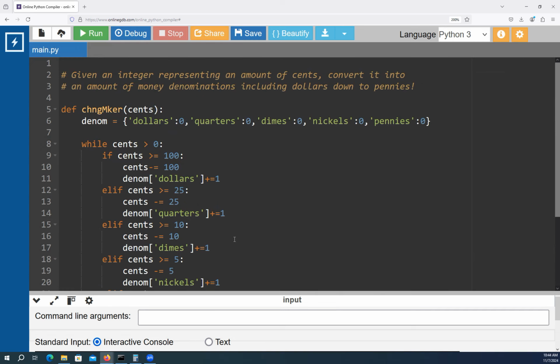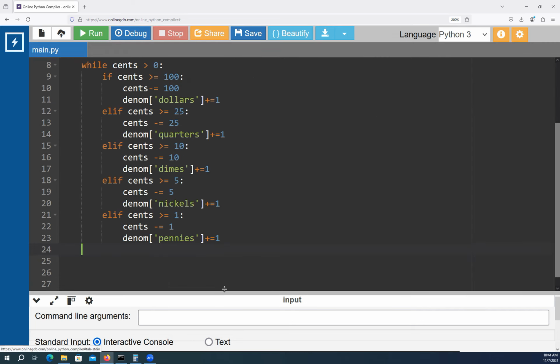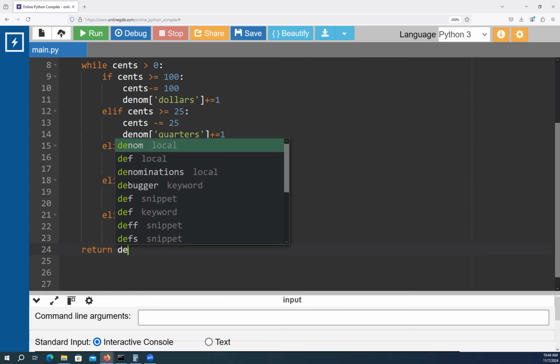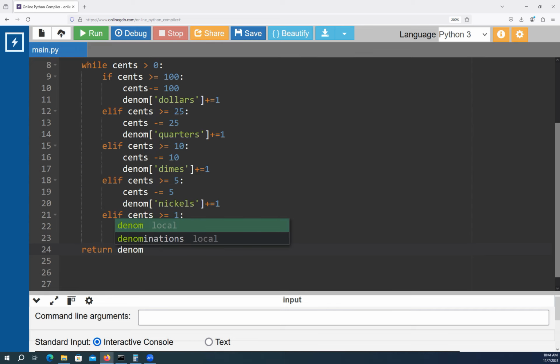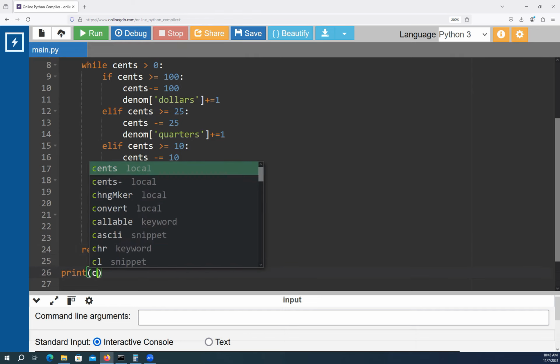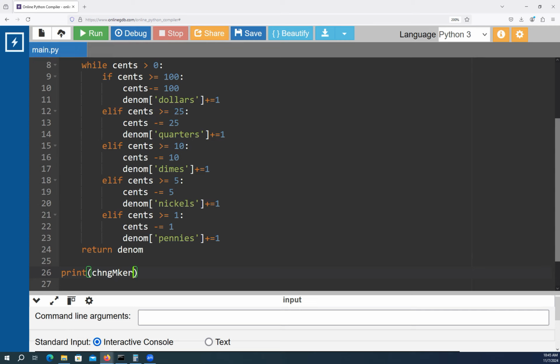And what I will return is the modified dictionary at the end. So we can do some runs of this. Change maker, and let's do 455 cents.